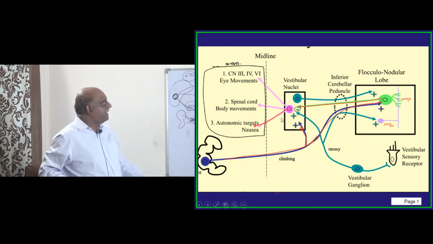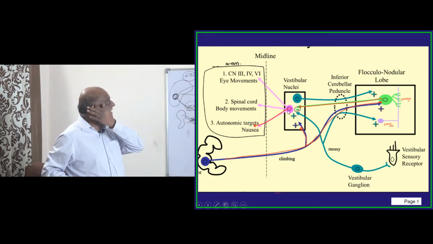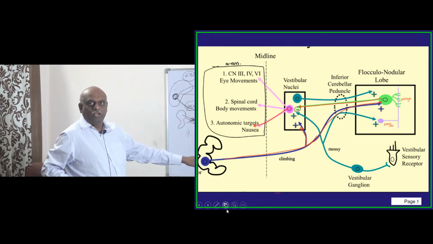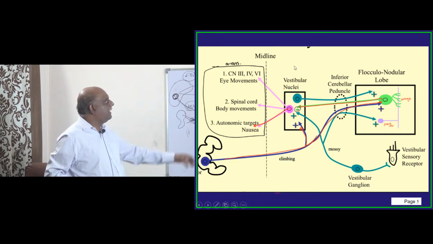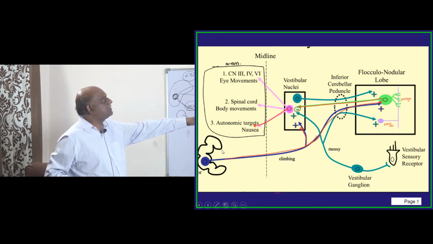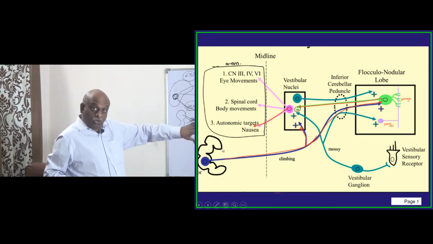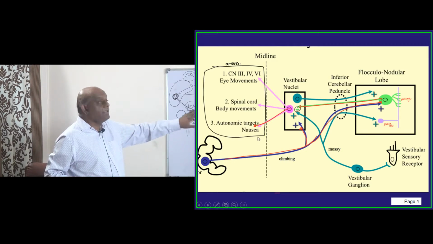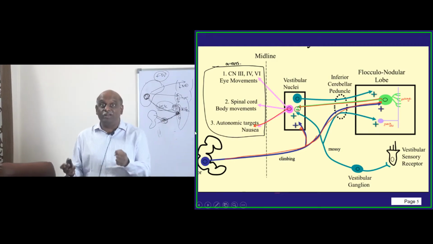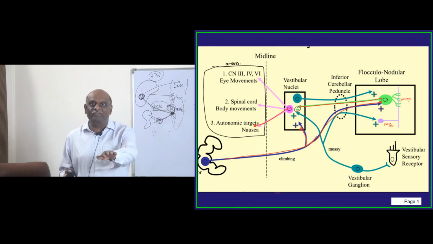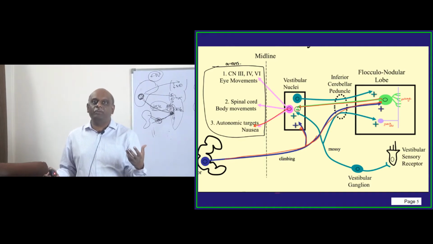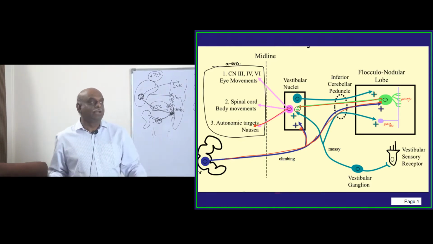eye movements, and also vestibular nucleus will send the information to the spinal cord, so that the body movements are controlled, and vestibular nucleus also sends to the autonomic nervous system, and that is the reason few people who are traveling in a fast moving vehicle get nausea and vomiting, motion sickness. Why do they get it?